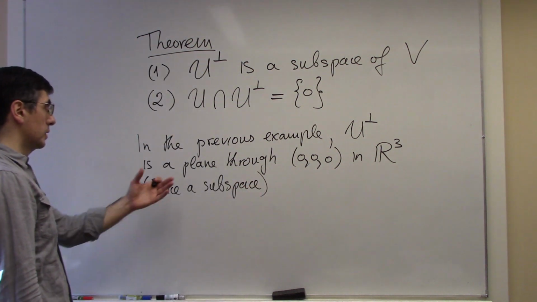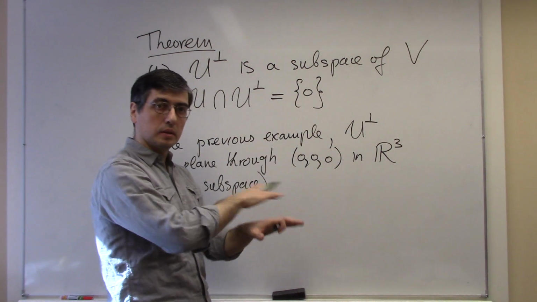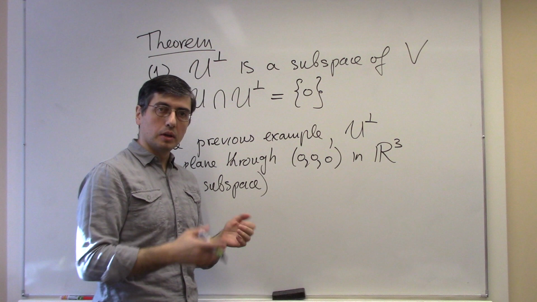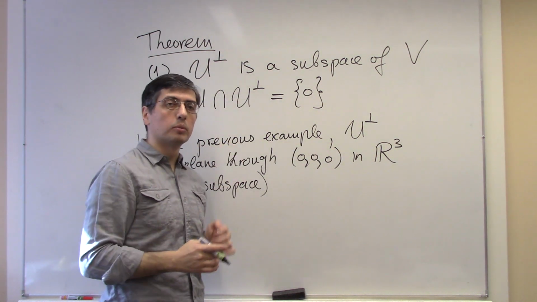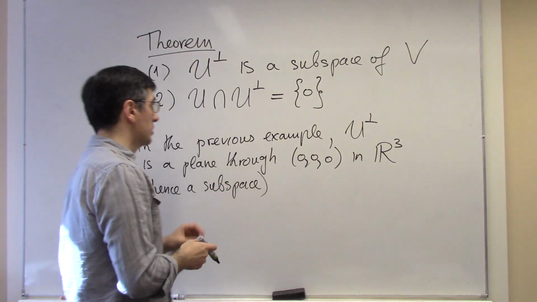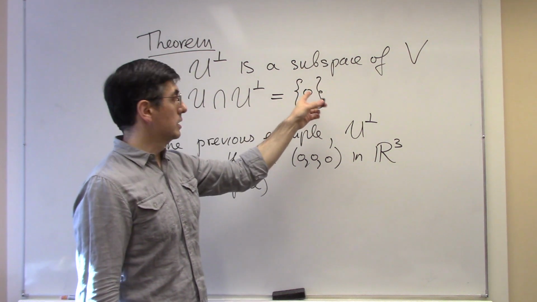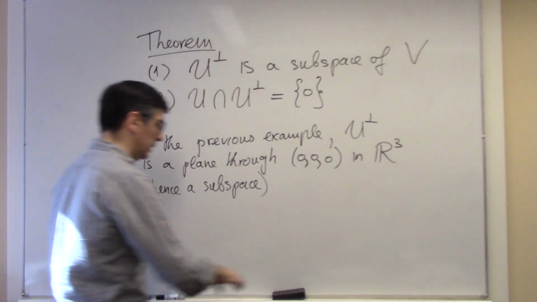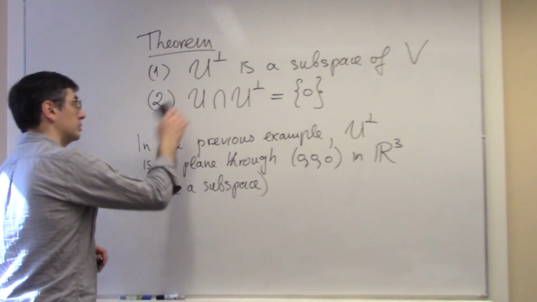And we also saw that the line and the plane that is perpendicular to it obviously intersect only in one point, which is the origin. So that's this statement. So the intersection is the zero vector. Now let's formally prove this theorem.